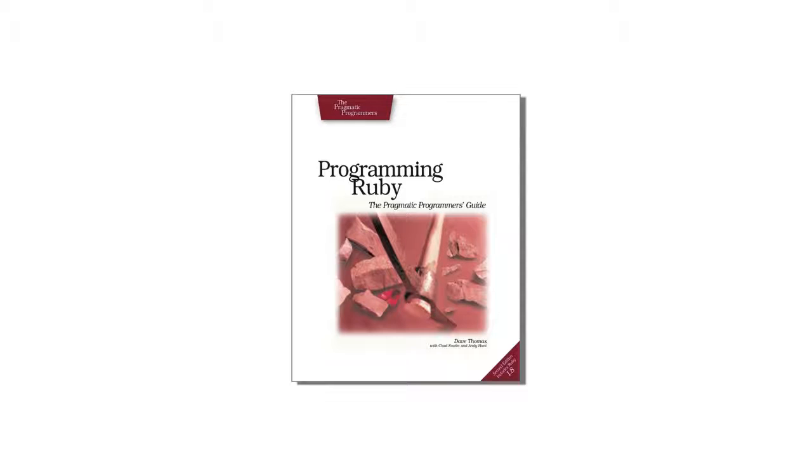It's amazingly well written, and it and its authors were more or less single-handedly responsible for moving Ruby out of a niche language in Japan onto the world stage. I don't think we would all be here tonight if it wasn't for this book.